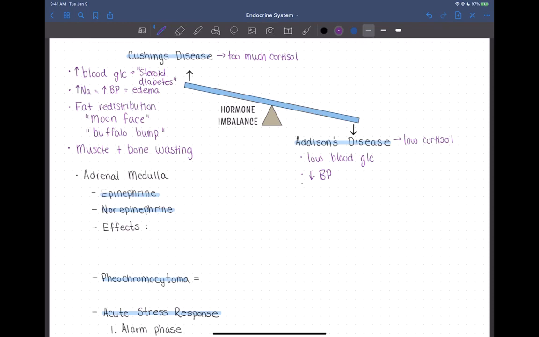And so what happens is they're prone to what are called Addisonian crises, right? So an Addisonian crisis is when this individual encounters some sort of stress and they cannot cope with it, all right? So cannot cope with stress.